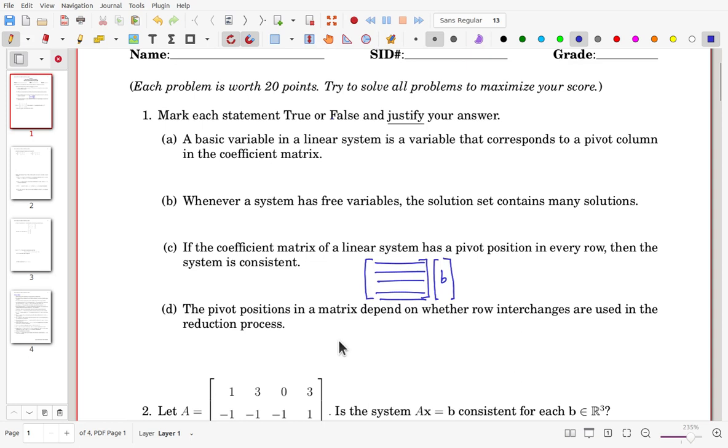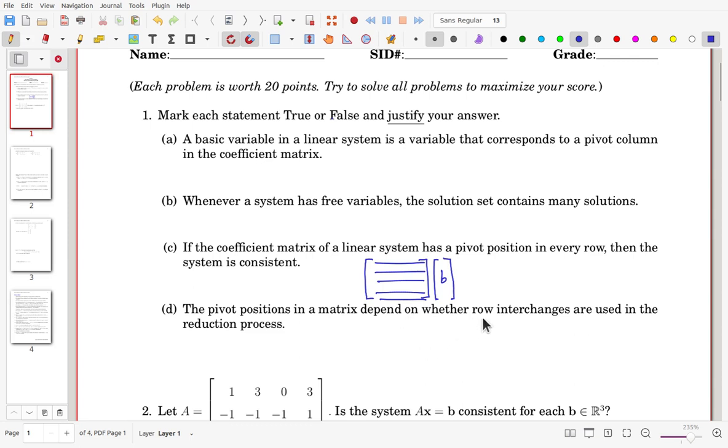The pivot position in a matrix depends on whether row interchanges are used in the reduction process. Is it true? The statement is false.